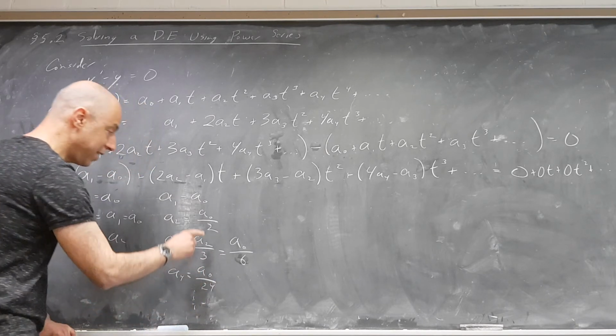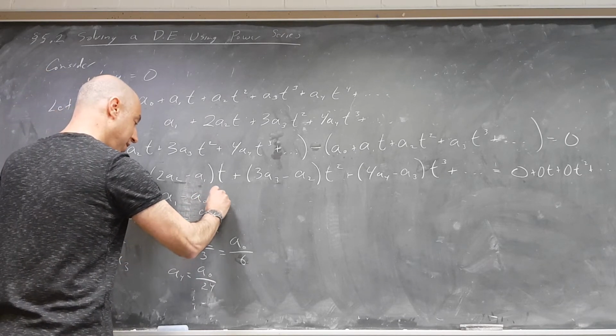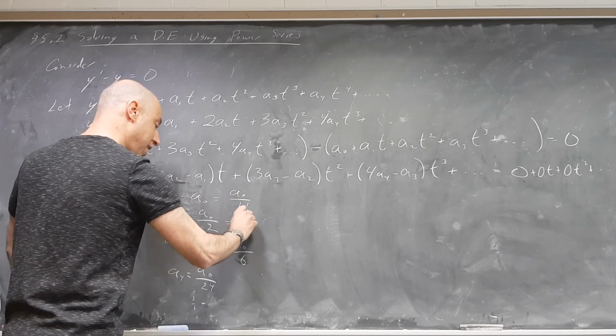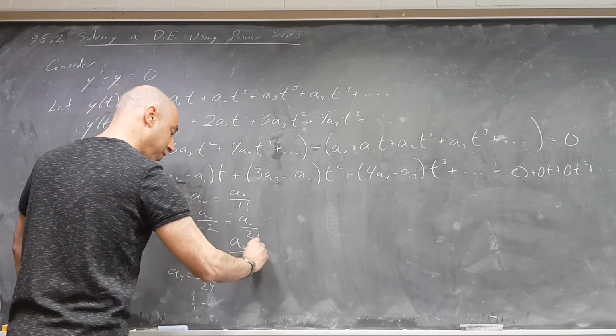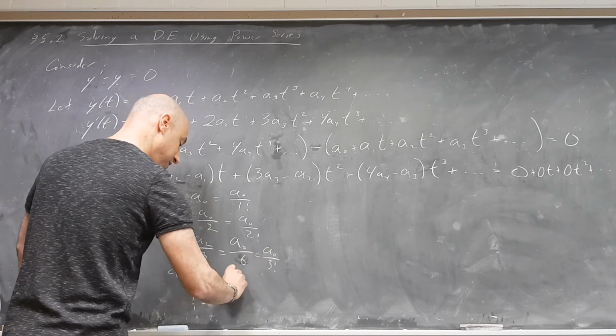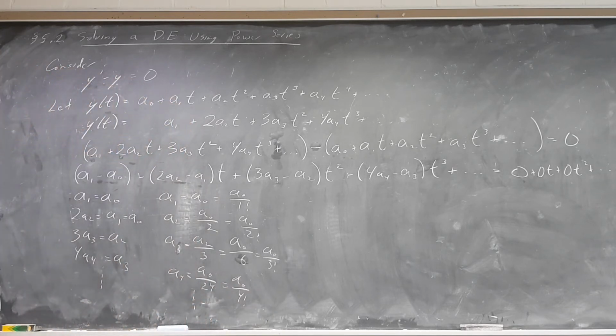I trust you recognize these numbers that are coming up. This is just a0 over 1 factorial. This is a0 over 2 factorial. This is a0 over 3 factorial. This is a0 over 4 factorial. And so on.